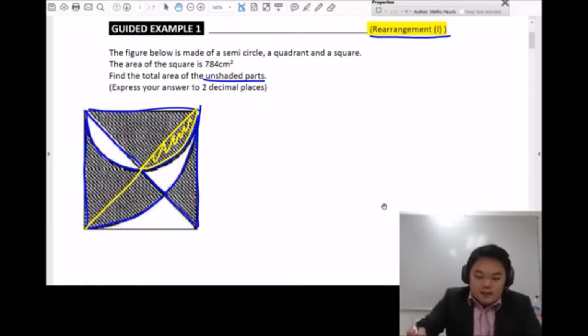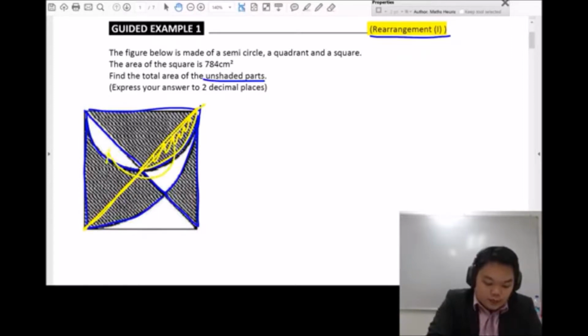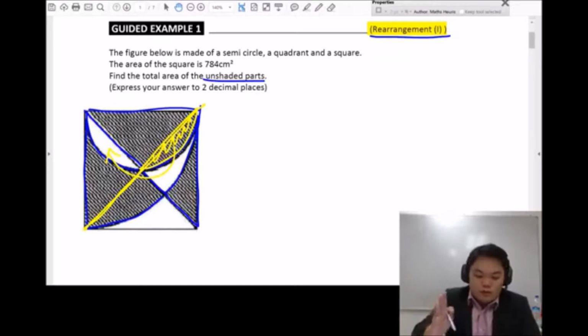The first thing I would do is draw a diagonal line across, and move this piece over here. It fills up that space quite well due to symmetry.